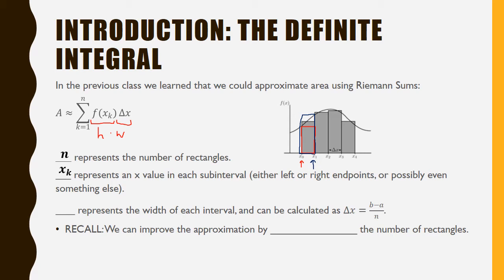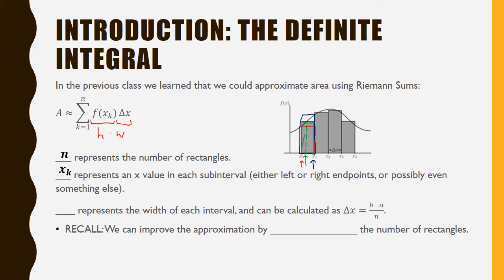In this particular example, it looks like they're maybe using a midpoint sum or something of the sort. So it looks like they maybe picked an x value that was about here, and therefore they ended up with the height up to exactly this point, and that's why they used that rectangle.